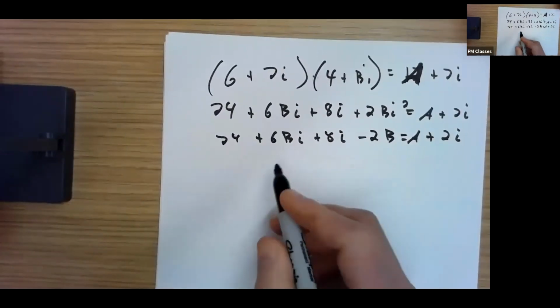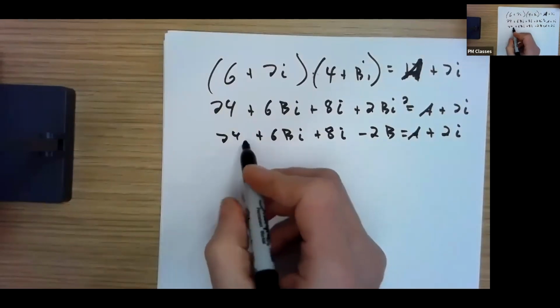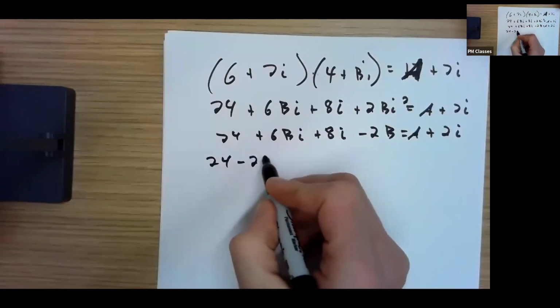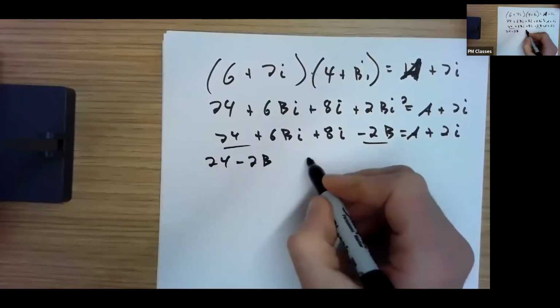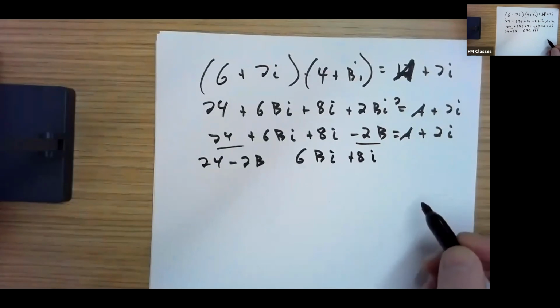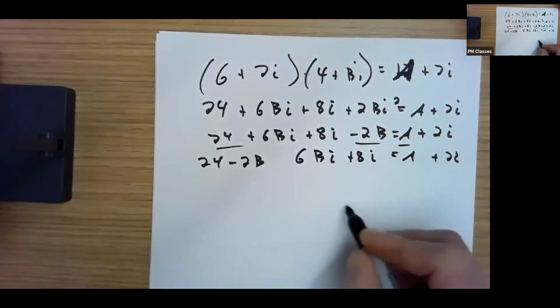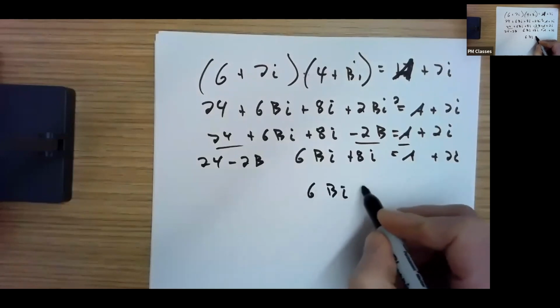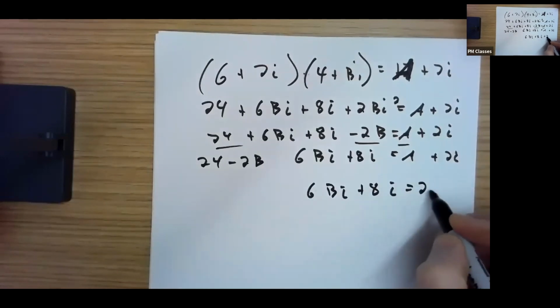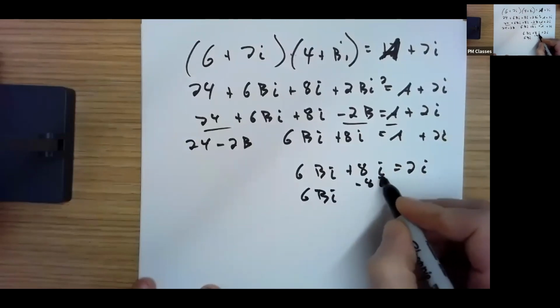It might have made this too hard by half, guys. We'll find out. So here's the fun part. These are real numbers, and these are imaginary numbers. Okay? This is a real number, and this is an imaginary number. So this means that 6bi plus 8i must equal 2i. So 6bi minus 8i, this might just work out.